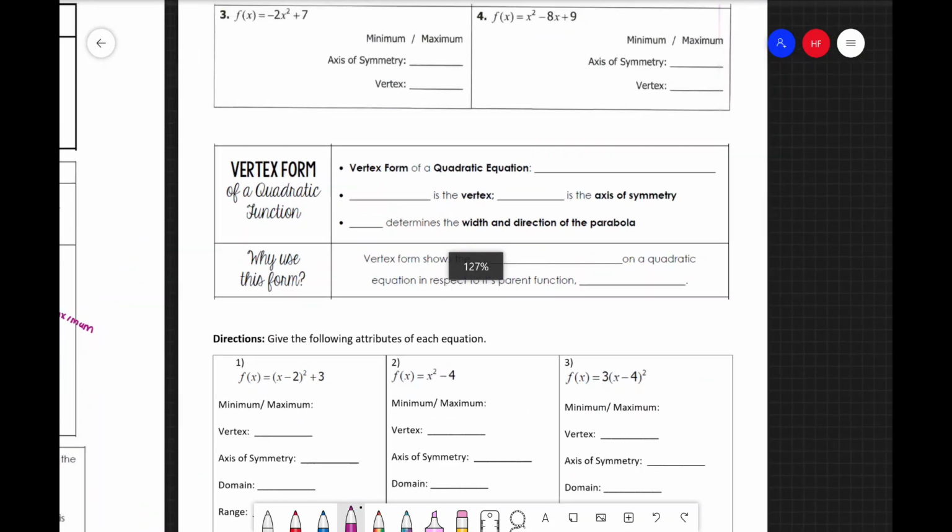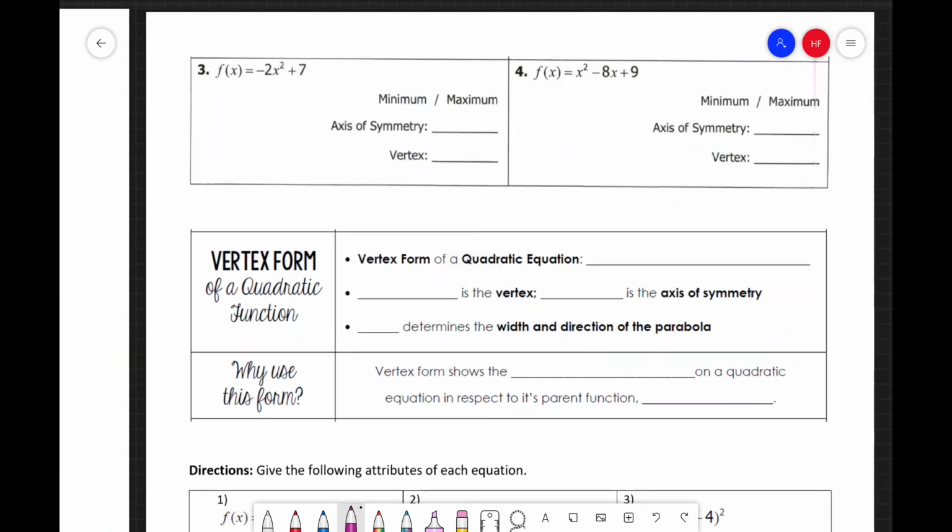So on number 3, we've got f of x equals negative 2x squared plus 7. My a value is negative 2, the one with the x squared. My b should be with an x. None of them are with an x, so b is 0, and c is 7.